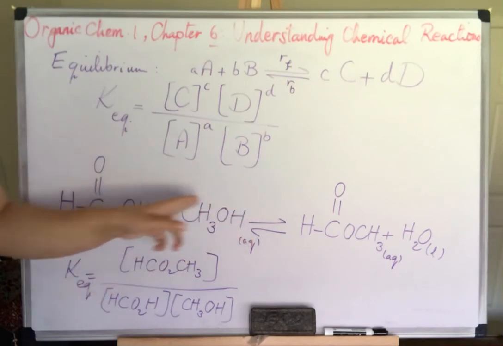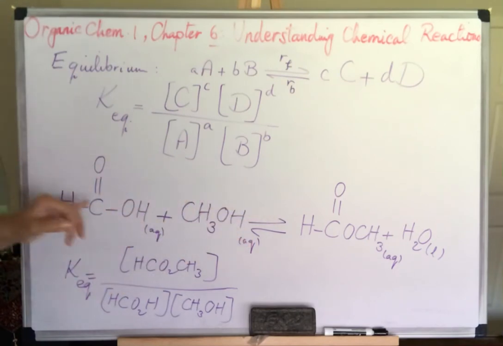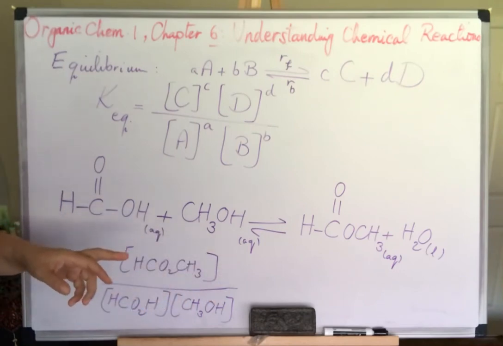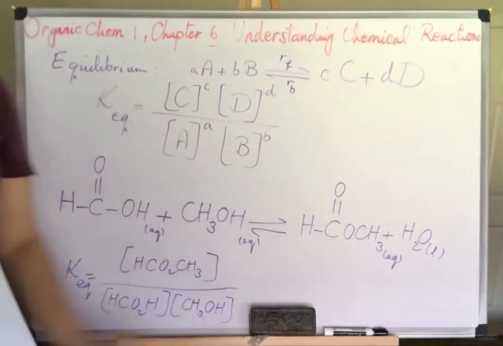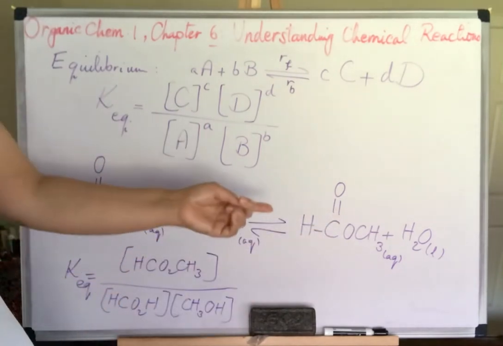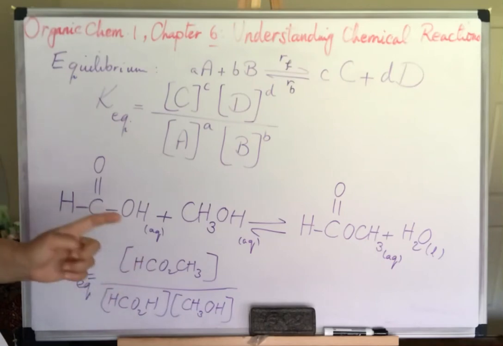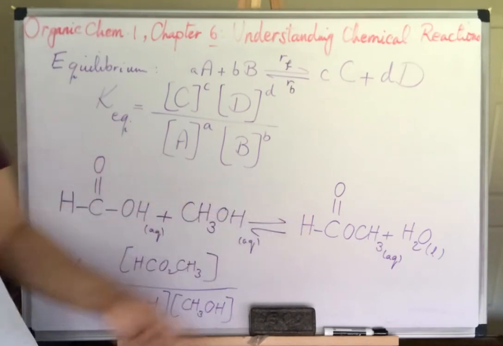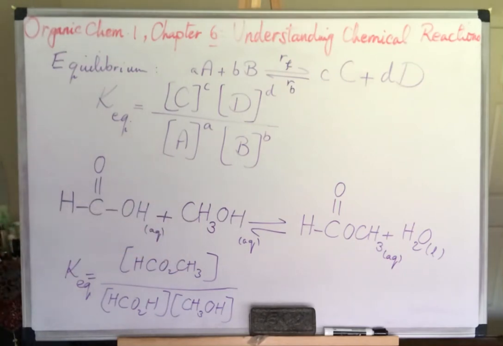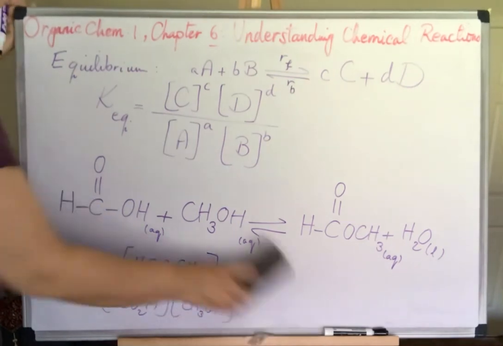Since all the coefficients are 1, there is no exponent, but water is liquid, its concentration does not change that much, so it's not entered in the equation. So it's HCOOCH3 divided by the reactants. That's how you write the K equilibrium for reactants and products for organic reactions.